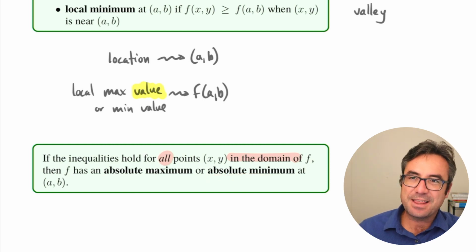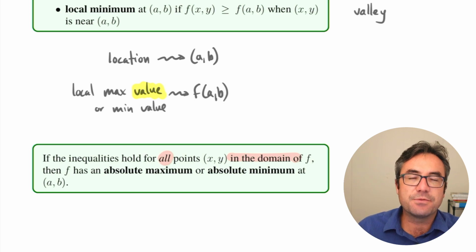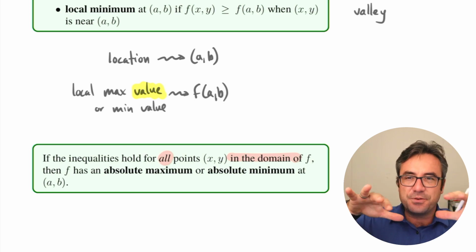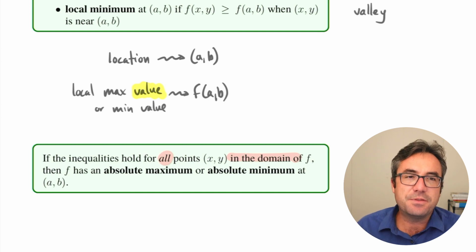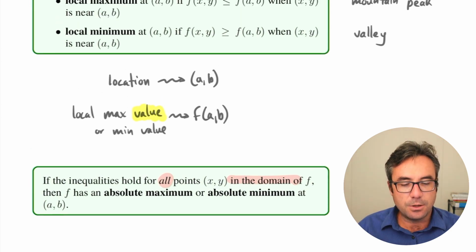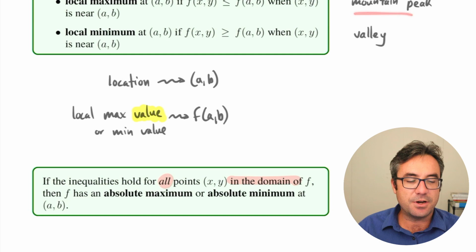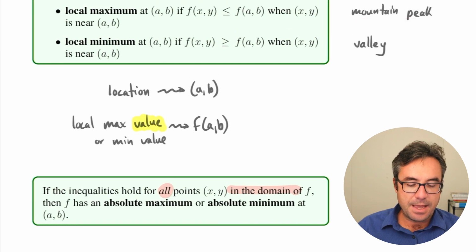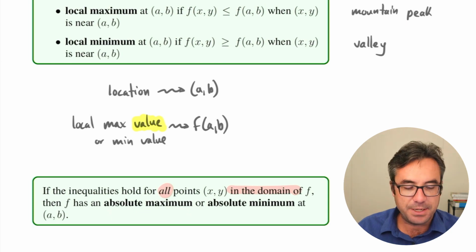So again, if you're thinking of the graph of your function as a surface hovering above the xy plane, a local max would be a single mountain peak, and the absolute max would be the highest mountain peak.